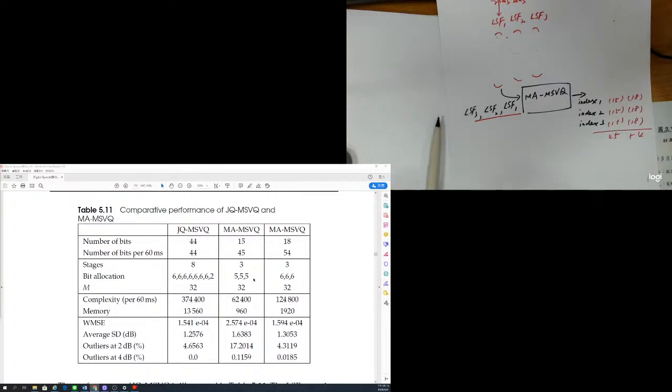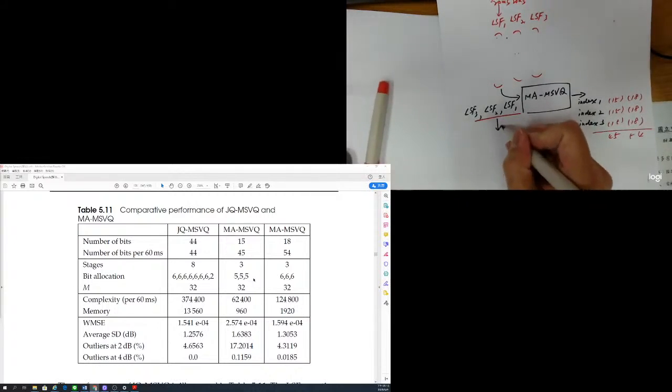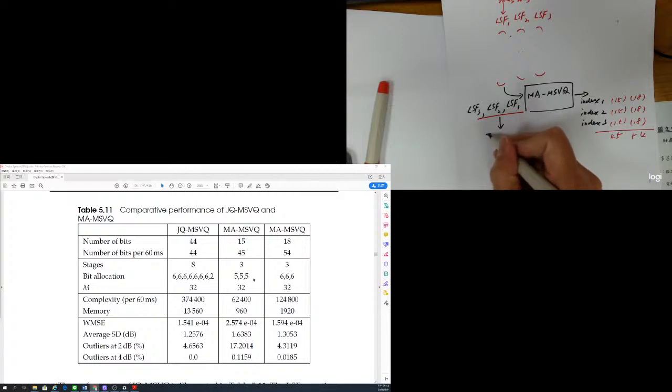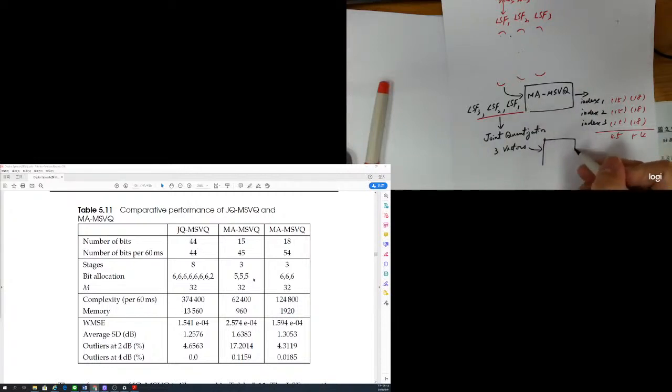However, if we combine the vectors together, we call this a joint quantization. We consider three vectors together to do the quantization. They call this JQ multiple stage vector quantization.